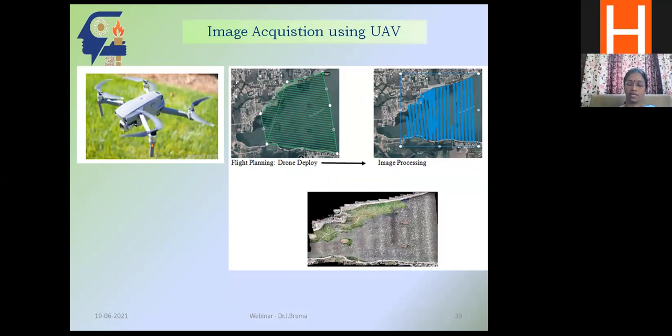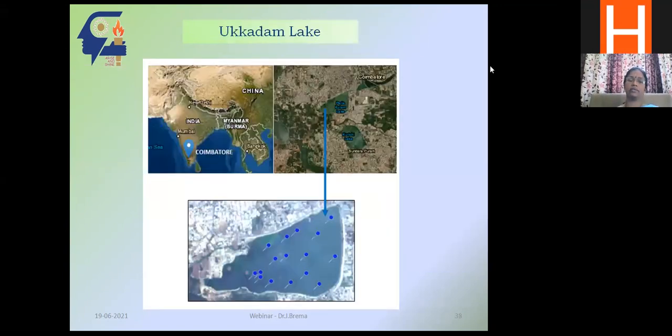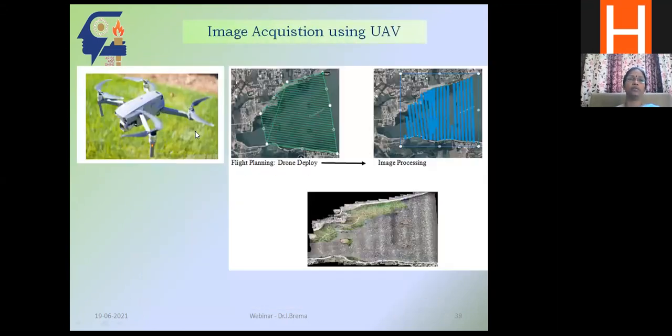The satellite data for this particular lake, I got from Sentinel-2. It was 10-meter resolution, whereas the UAV gave me a resolution of 30 centimeters. So you can understand the drastic change you can see in the analysis.